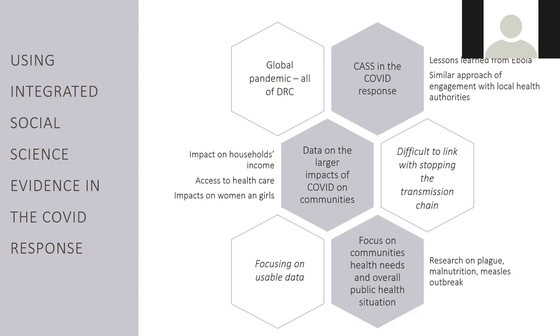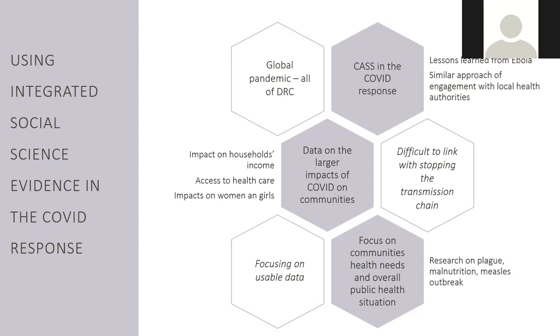Mostly because it was outside of the response's mandate. It requires long-term investment, and it is difficult to prove that by taking an action about these larger impacts, you can actually stop the transmission of COVID.